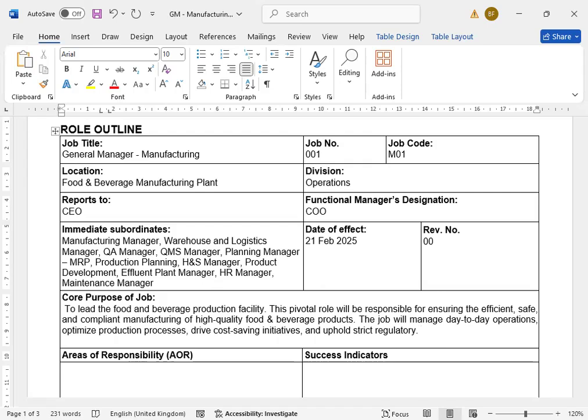HACCP, hazard analysis critical control point standard, or DMAIC will be applied, Six Sigma or DMAIC will be applied also.